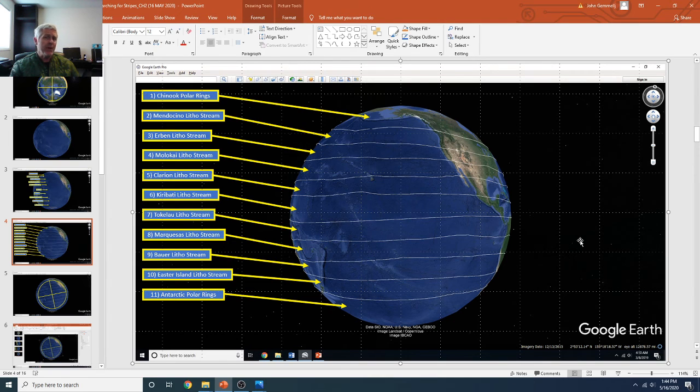When I go back to Pangaea and I map out the theoretical stripes from Pangaea, I end up with, guess what? 13 stripes.